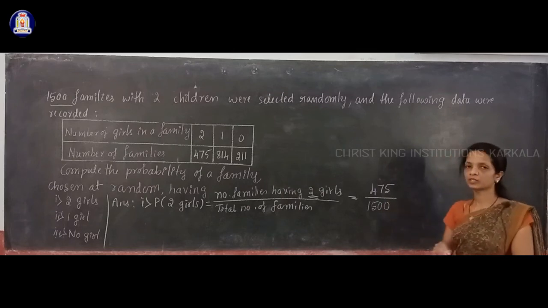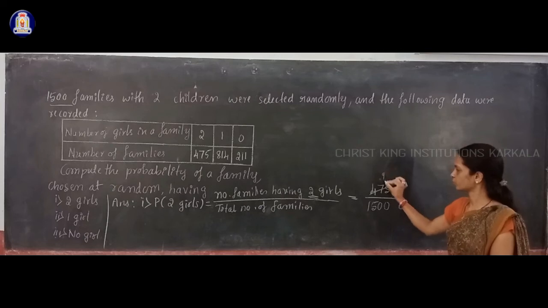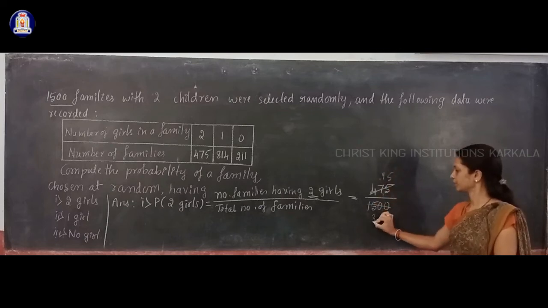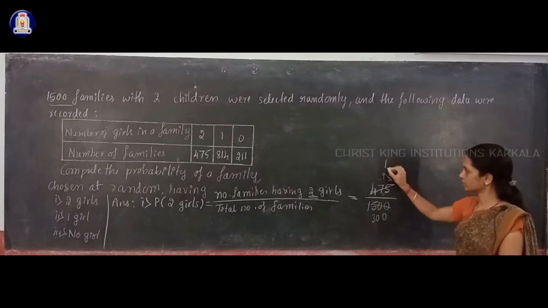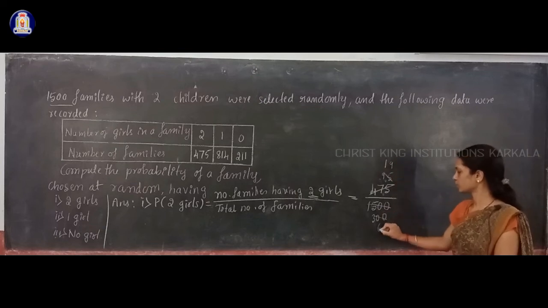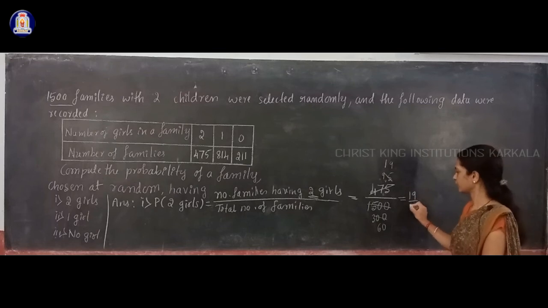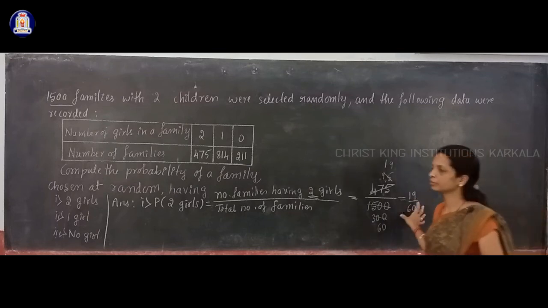Both numbers we can cancel by 5, and again by 5, and the simplified answer is 19 by 60. This is the probability of a family having two girls.